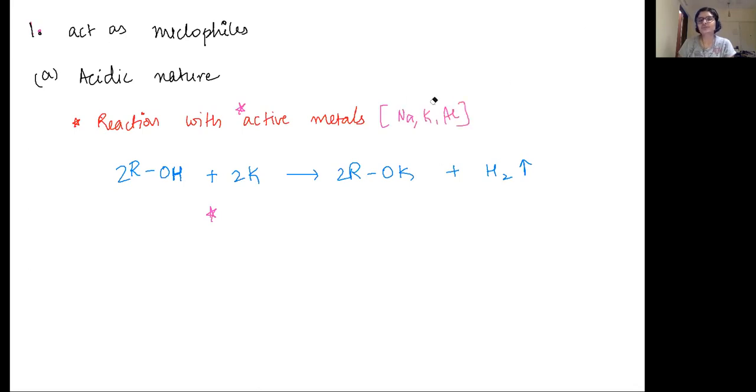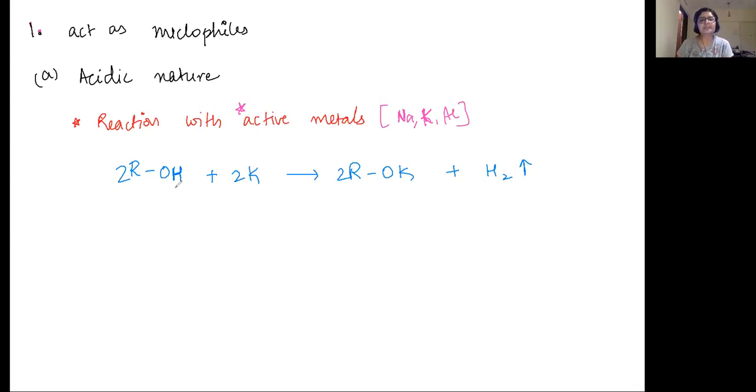If you try this reaction with iron or zinc, the probability of that reaction taking place is low. But with normal acids, that does happen with iron and zinc also. In the case of alcohols, you see this happening successfully only with metals like sodium, potassium, and aluminium.